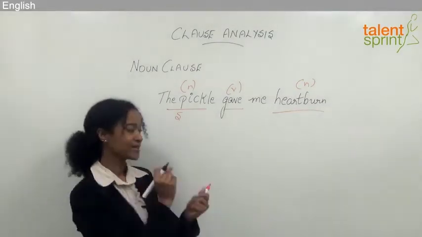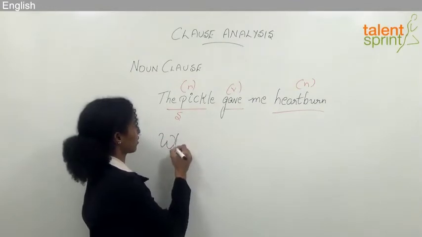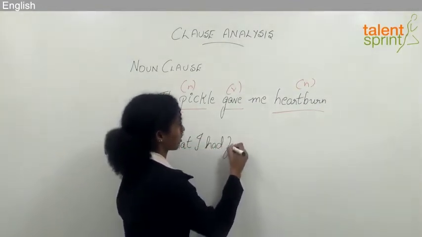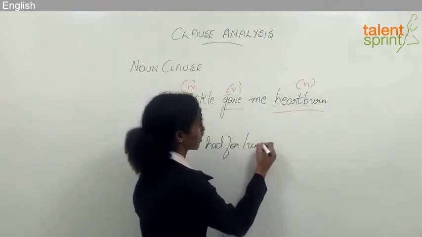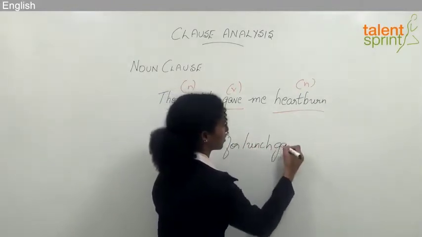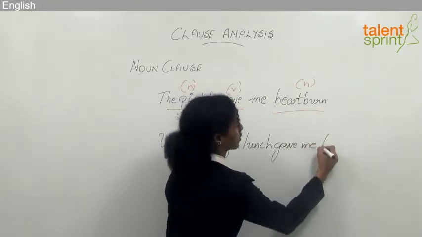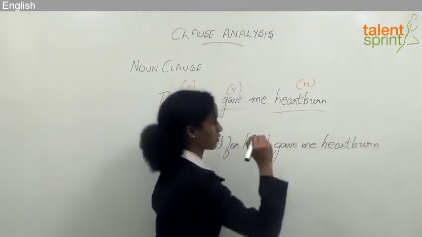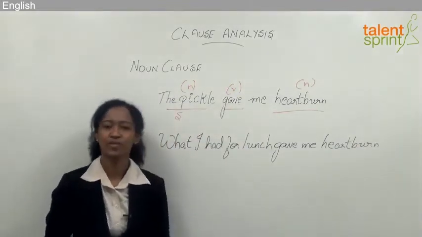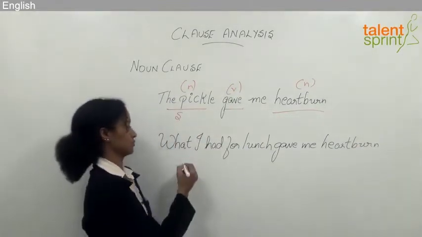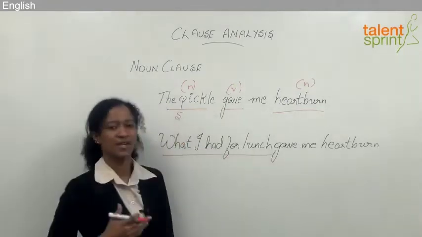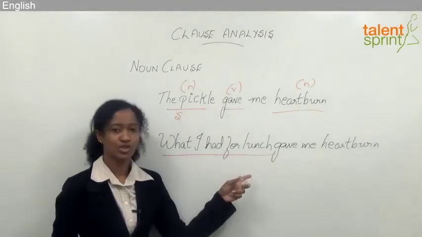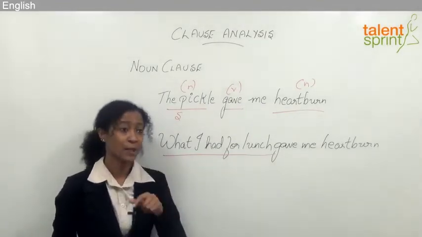So, what if I say, what I had for lunch gave me heartburn. And I'm saying this is my subject. You can come back and tell me, no, I think it's I or lunch. Let's see why it can't be.